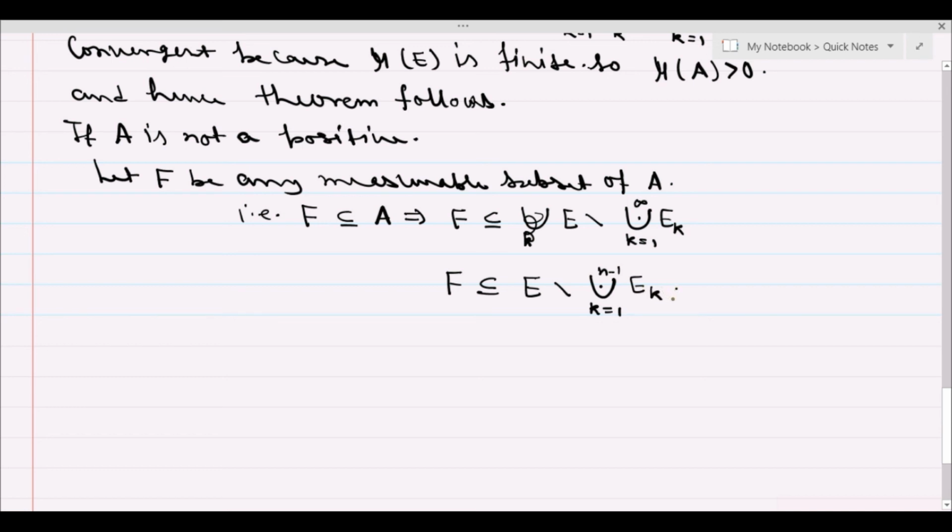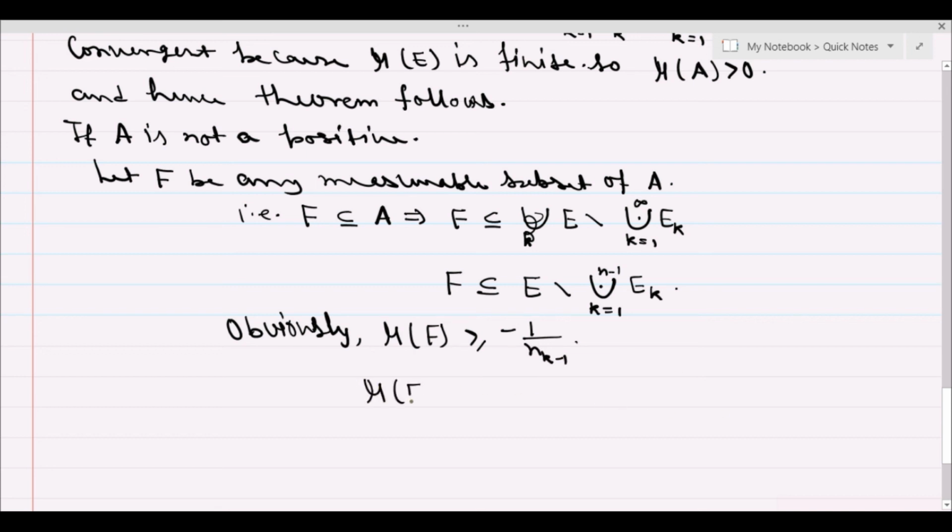Okay, so since F contains no measurable set with measure less than minus 1 upon nk minus 1, obviously mu of F is greater than or equal to minus 1 upon nk minus 1, for sufficiently large nk.